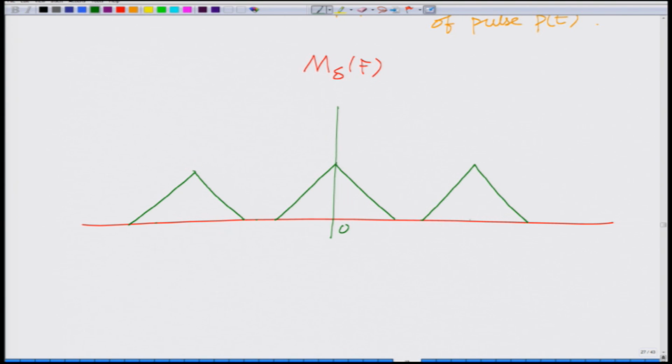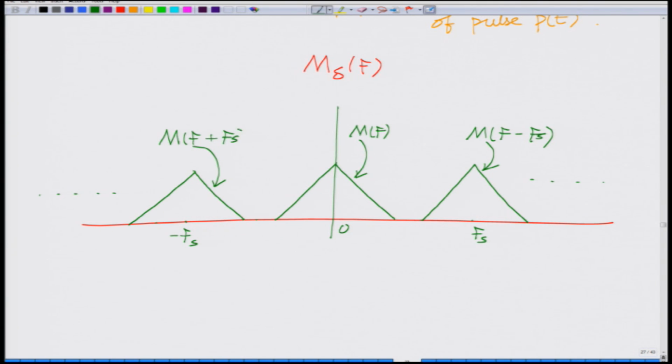So, this is 0, this is fs, this is minus fs, this is your M of f, this is your M of f minus fs, and so on, this is your M of f plus fs, and so on.